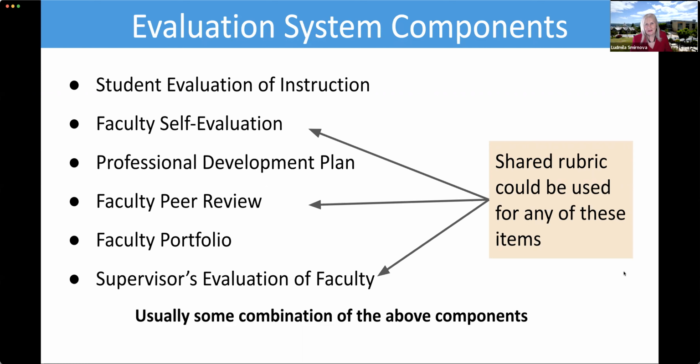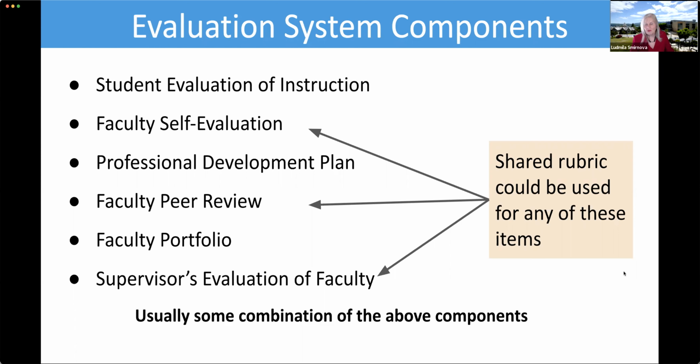And what are the components of an evaluation system? They are student evaluation of instruction, how students evaluate; faculty self-evaluation, how the faculty, the professor or teacher, evaluates their own teaching and student learning. Is there a professional development plan in place at the institution?